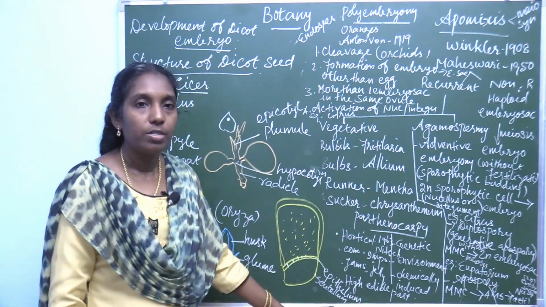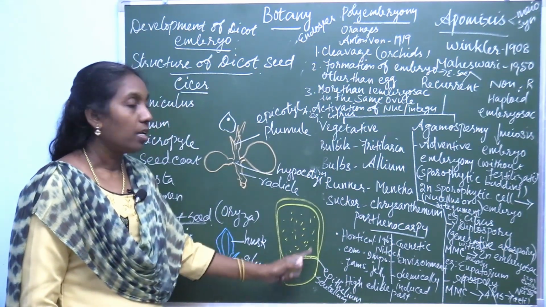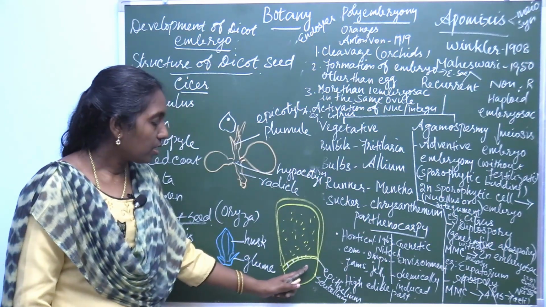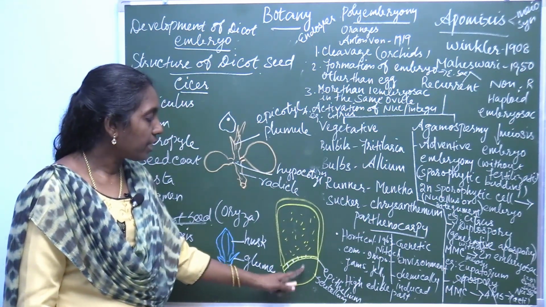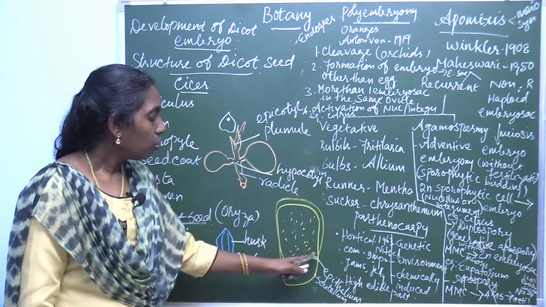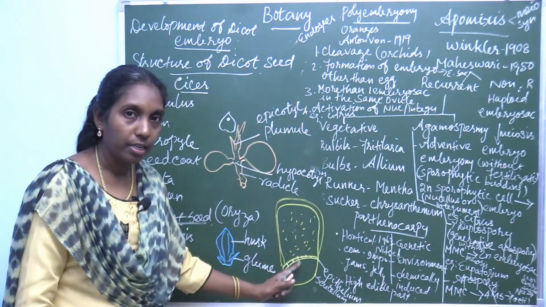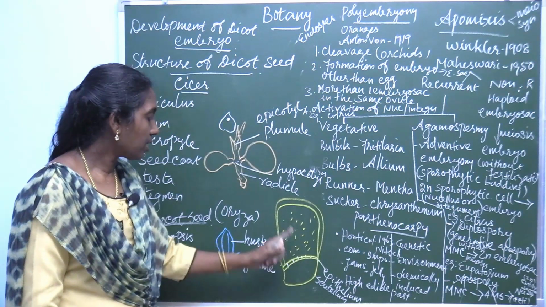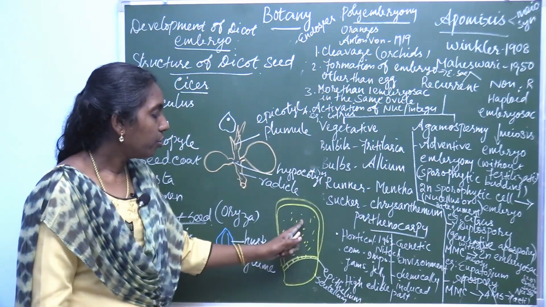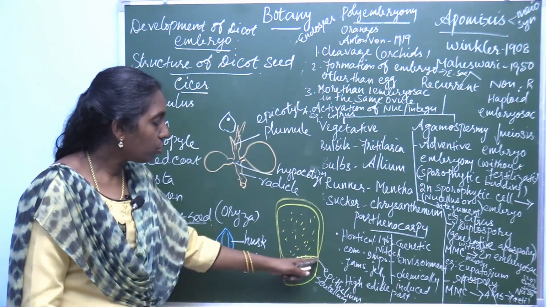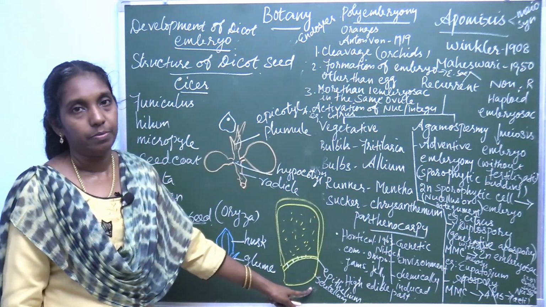The function of this scutellum: this is the embryo part which develops here. It takes the food from the endosperm through this epithelium, so scutellum helps the seed to absorb the food material.